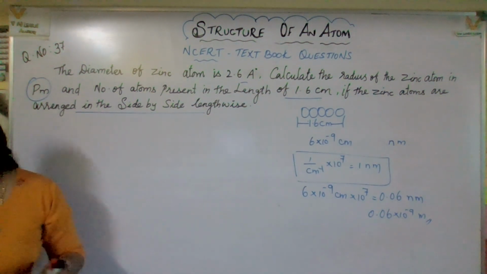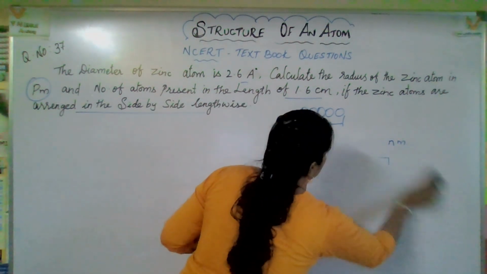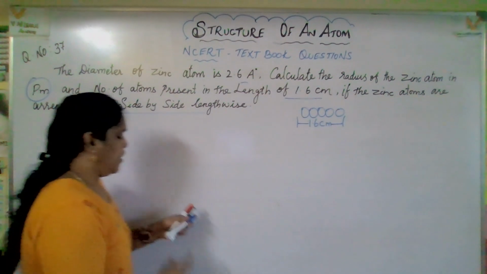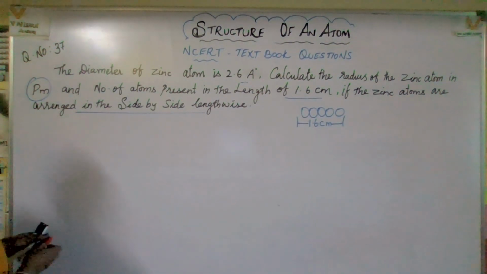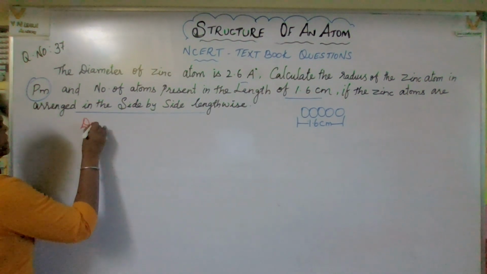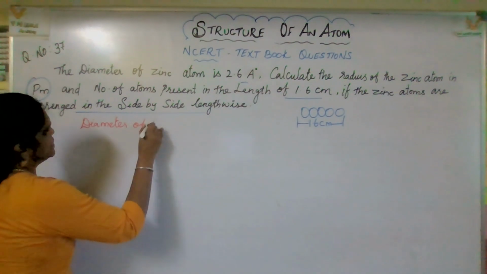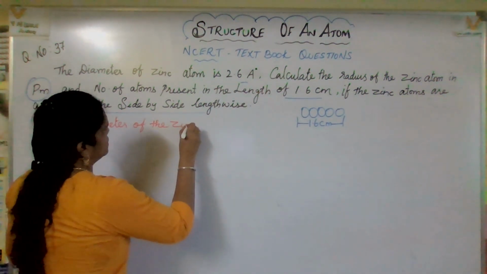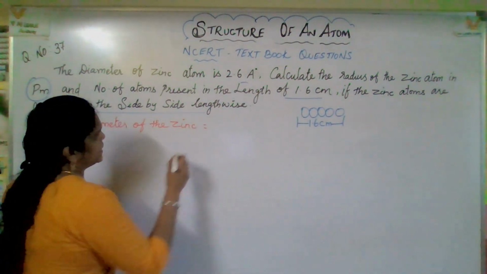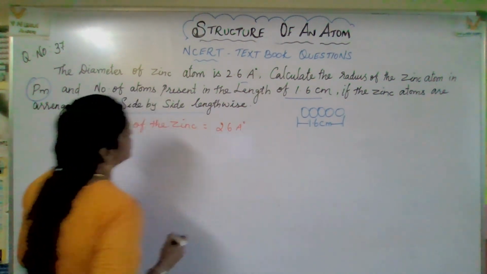Now here, what is the diameter of the zinc? Diameter of the zinc equal to 2.6 Angstrom.